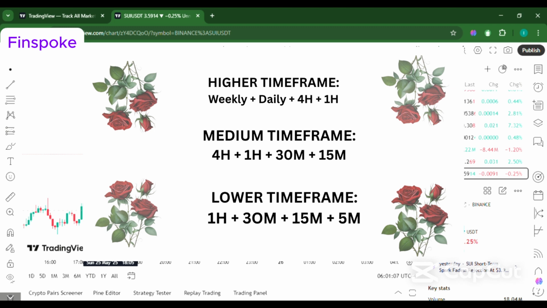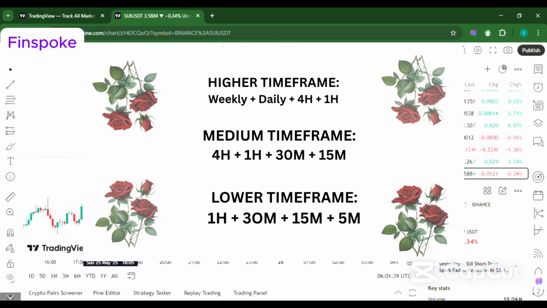But within this context, we mostly look for setups and formations, refining opportunities from the higher time frame. Opportunities that we got from the higher time frame, we come down to this middle time frame and refine them and also identify other trading ranges we are going to be trading from. That's what we do in the medium time frame.